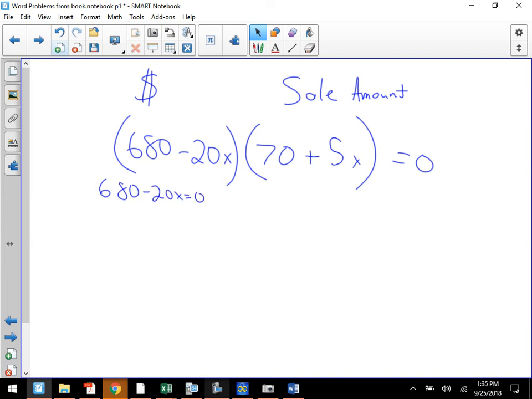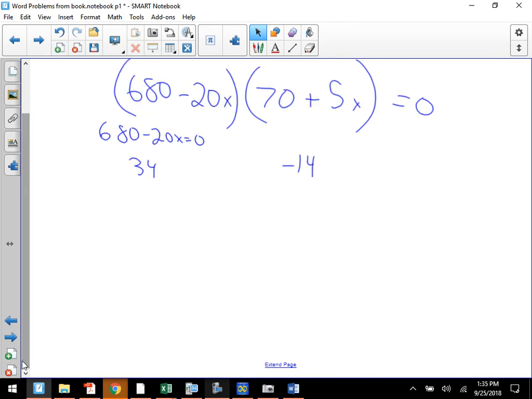Add it, and what do you get, 34 for that one? So we have a 0 at 34, and the other one is, I think, negative 14. Very good. So you have two zeros, negative 14 and 34. So graphically, remember what this looks like. I have negative 14 here, and I have 34 here.